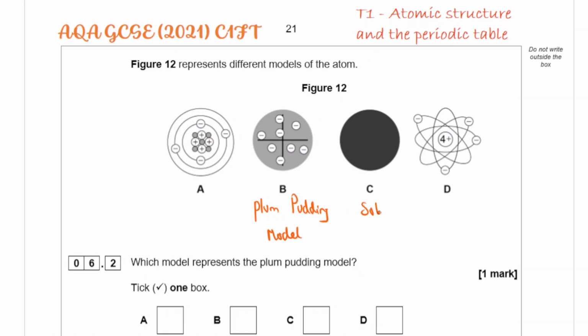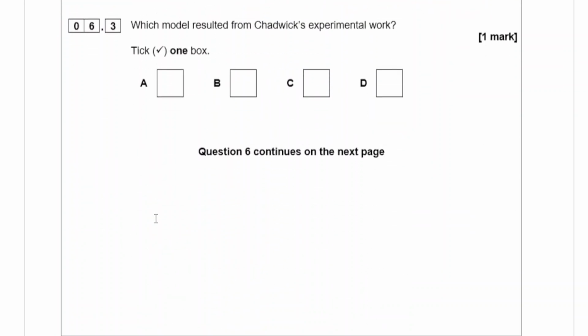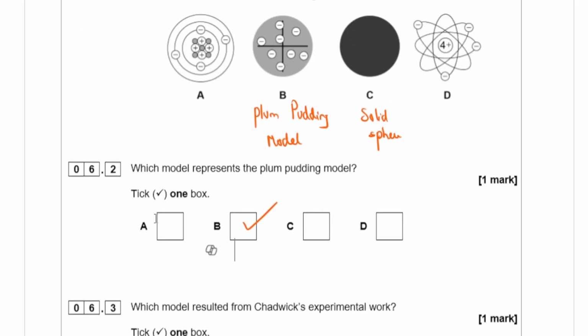This is solid sphere. Which model represents the plum pudding model? That will be B. Which model resulted from Chadwick's experimental work? Chadwick was responsible for saying that the electrons are in shells, so that will be A.